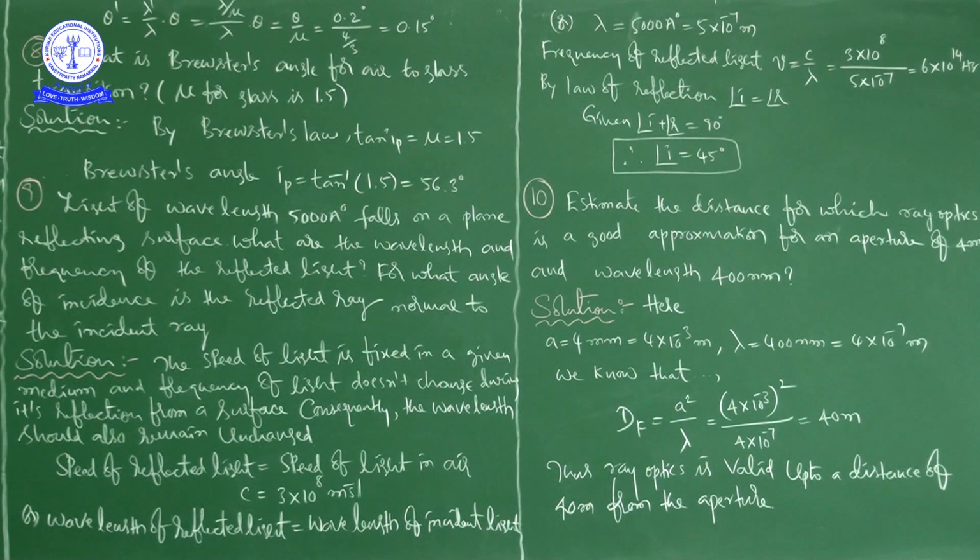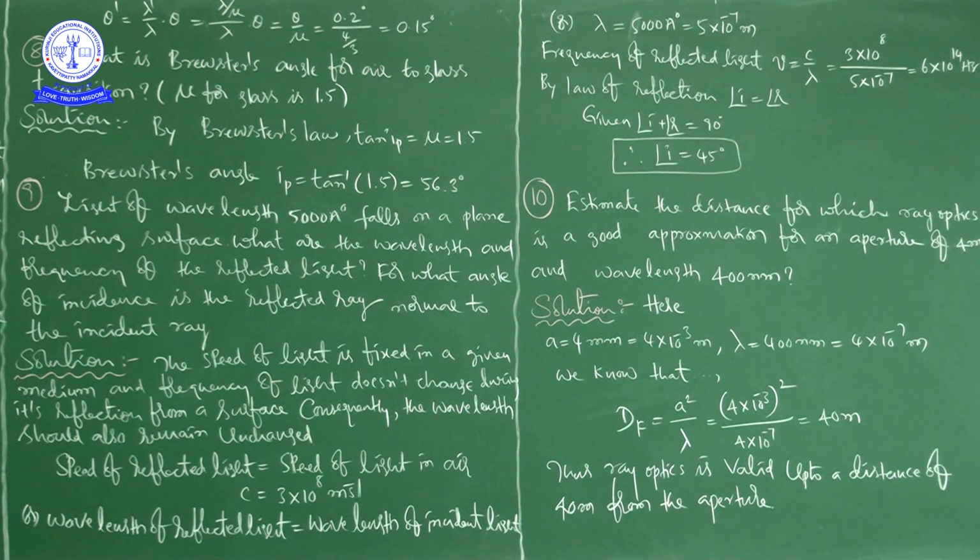In this class we discussed 4 problems. In the first problem we calculated the angular fringe width when the experimental setup is immersed in water. Obviously it decreases, and we calculated the value as 0.15 degrees based on the given data. In the second problem we calculated Brewster's angle by knowing the refractive index; it was 56.3 degrees.